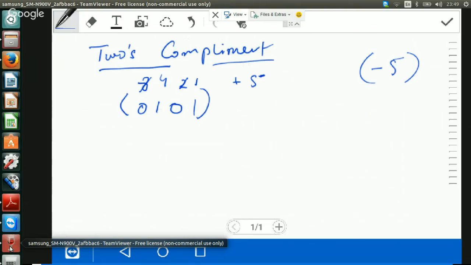Now we also have to take care of the sign. So far we have all been using unsigned numbers. So how do we convert this number into its negative? First, you take the 1's complement.